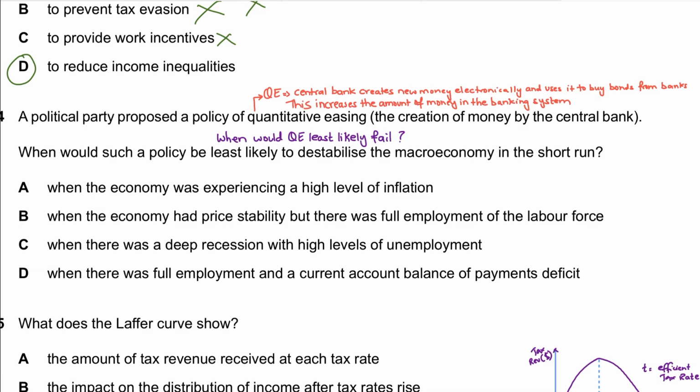So it increases the amount of money in the banking system, and commercial banks end up holding higher reserves. These extra reserves can make it easier for banks to expand lending if they find credit-worthy borrowers and are willing to lend.